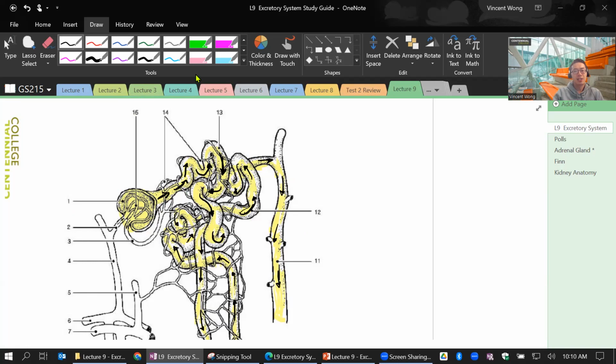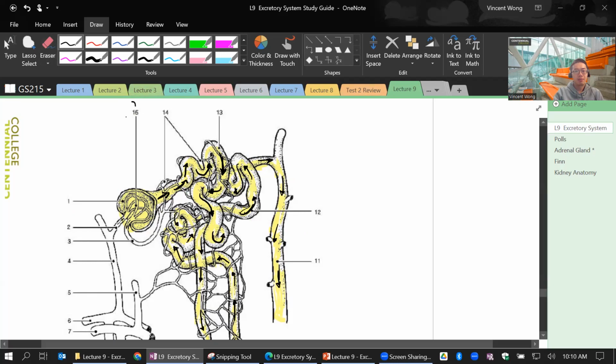Anything that you recognize at all. These are the ones that I expect you to be able to identify after all the drawings that we did together.